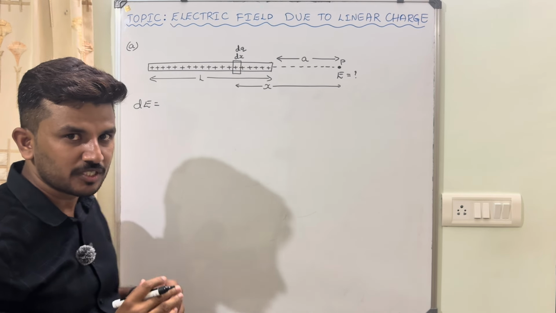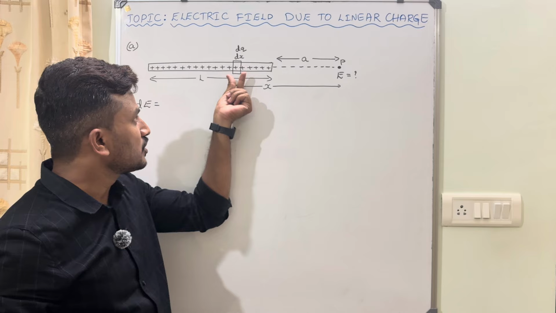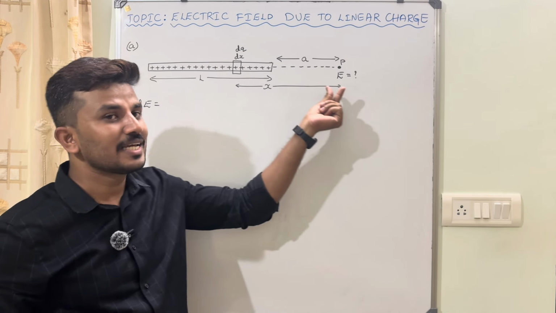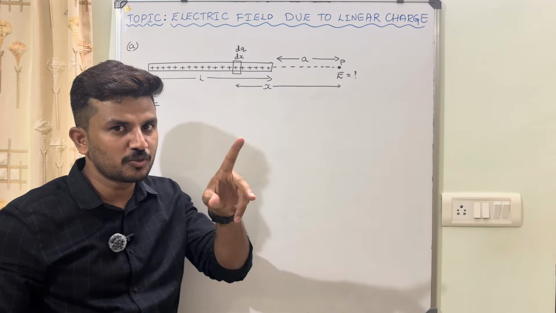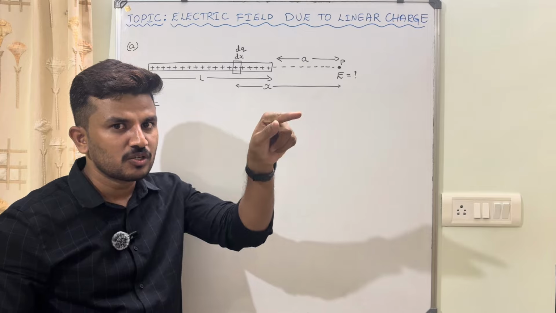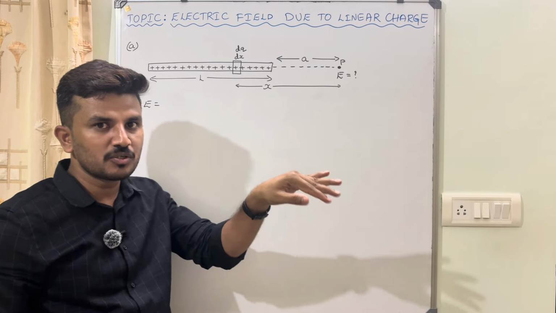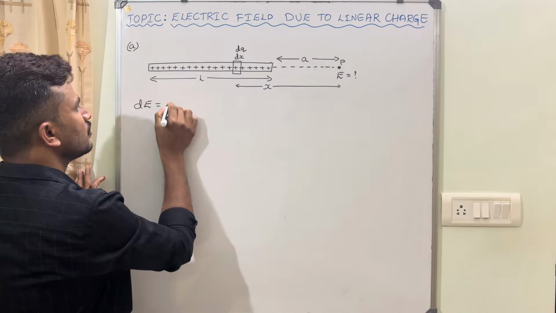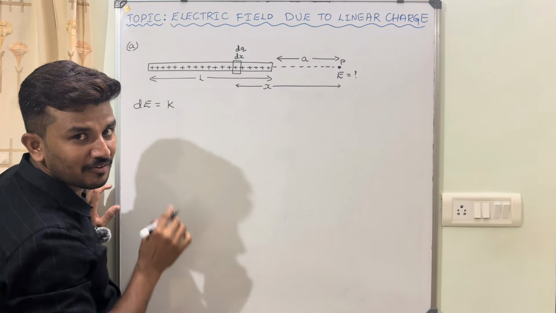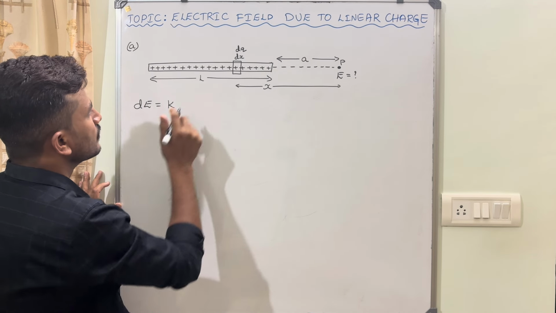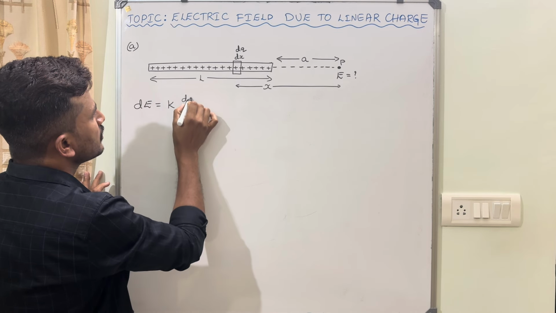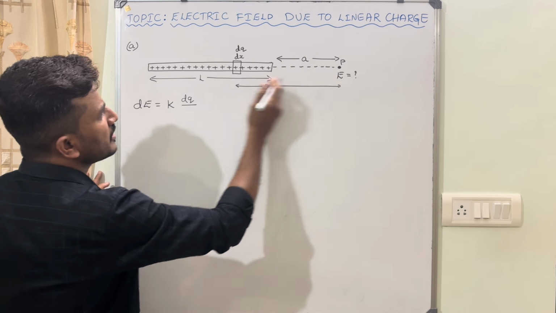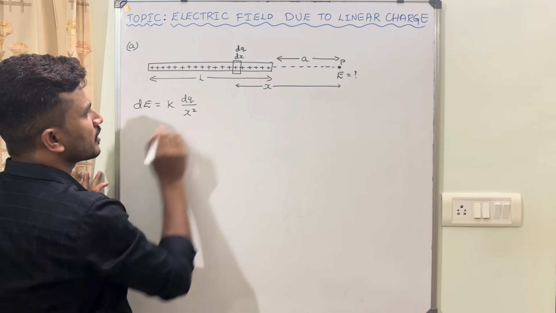Are you getting what I am teaching? Due to this small charge element, what is the electric field? That is electric field due to point charge, 1 by 4 pi epsilon naught q by r square. Similar to it, we will write here small electric field is equal to 1 by 4 pi epsilon naught, I will write it as k, then charge is dq divided by the distance x square.